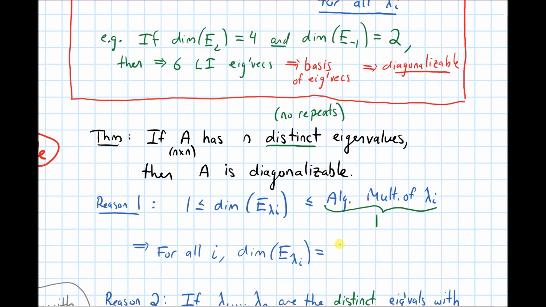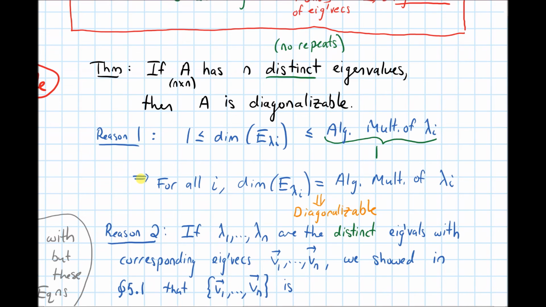In other words, it has to be equal to the algebraic multiplicity of lambda i, which is 1. So this dimension and this algebraic multiplicity have to be equal, and as a result of this, our matrix is diagonalizable. Okay, so let me give one other reason for why this is true.